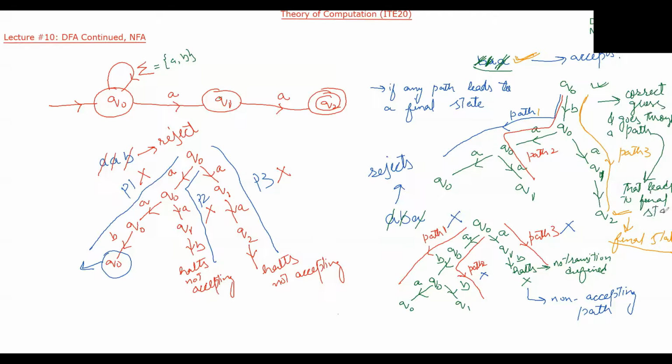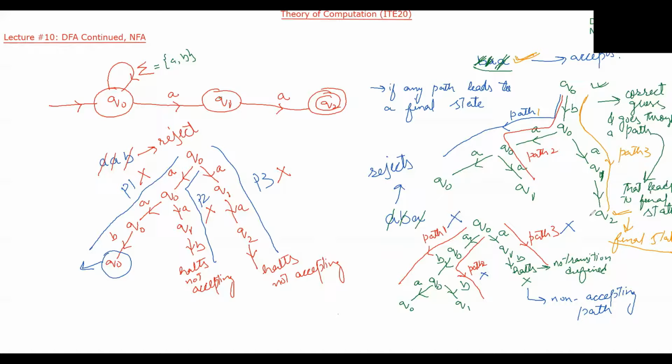So you can see that in non-determinism there is a guess kind of. And our finite automata, we are saying that it will always make a correct guess, such that it will go to that path which leads to a final state.